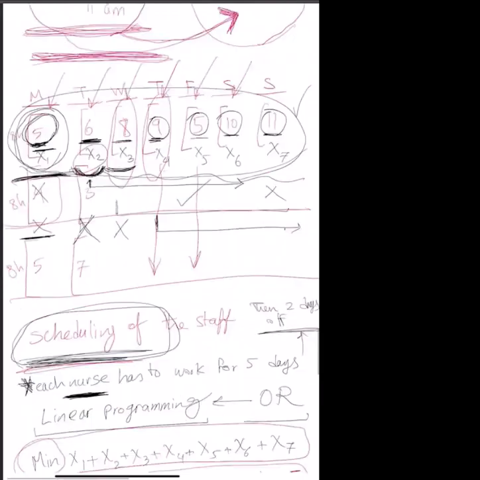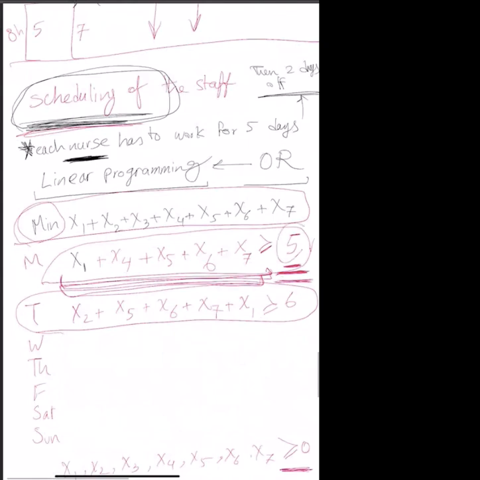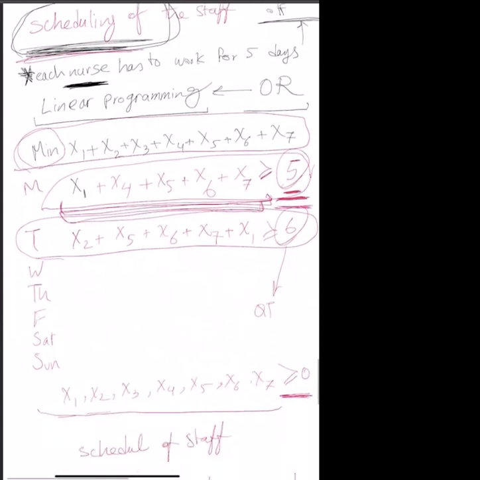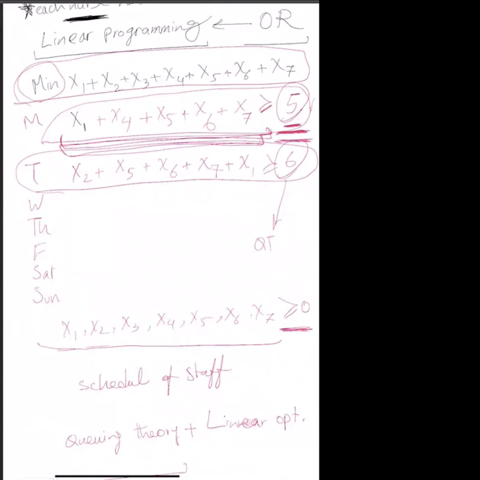And those are actually the numbers on the right side of the constraints. So these are the numbers I got from queuing theory. And then using linear optimization, I found out how I should schedule my staff so that I make sure I have this number of staff on these days of the week, in those shifts and so forth. Okay, so that's an example of the scenario.